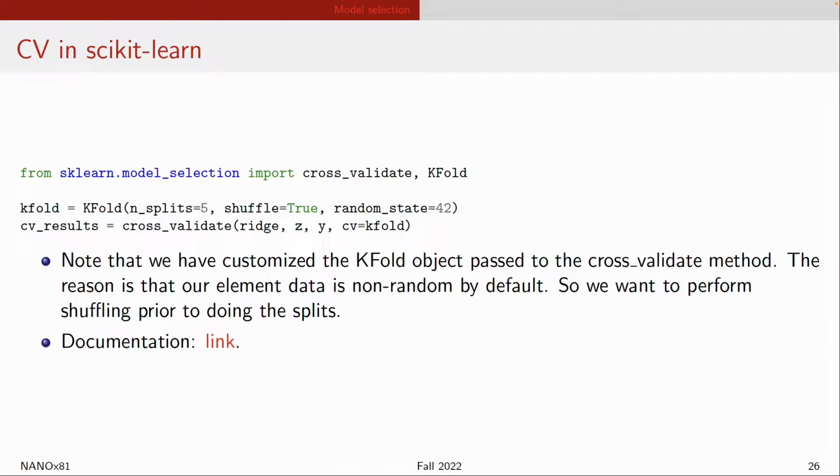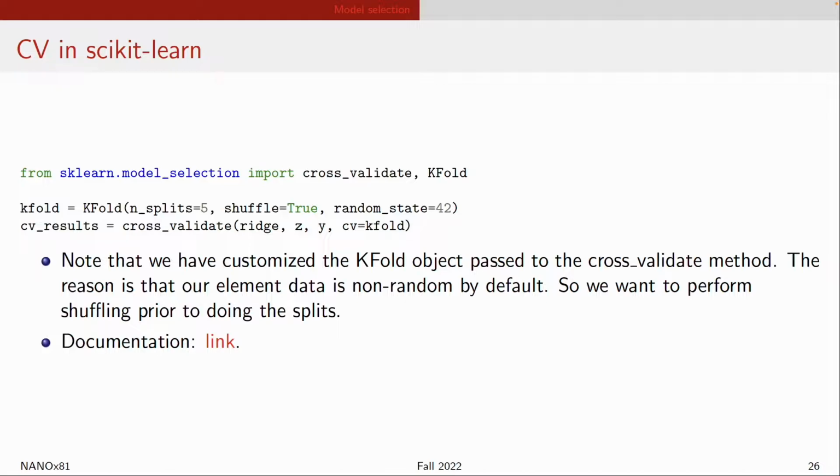Now, you'll notice that typically the way I structure my cross-validation code is that I define k-fold by itself, because you can actually supply cv equals 5 to this, okay? But the reason why I initialize k-fold by itself is because I want shuffle to be true.